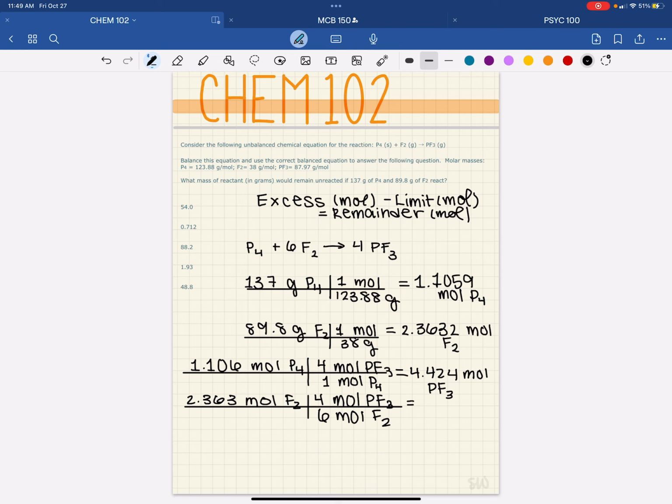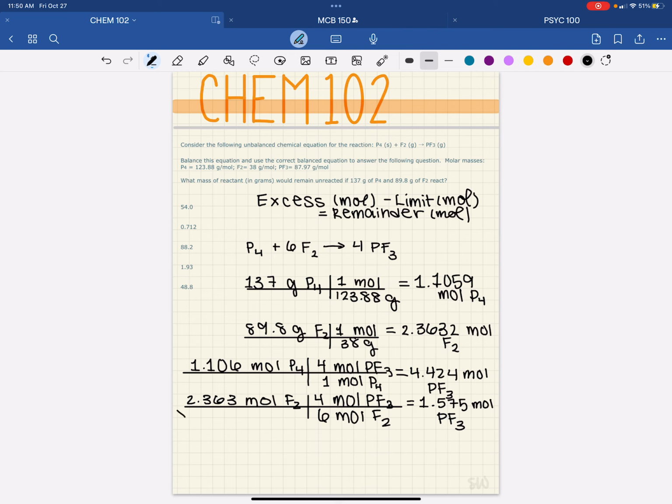And so the moles times the ratio of 4 divided by 6 gives me 1.575 moles of PF3.